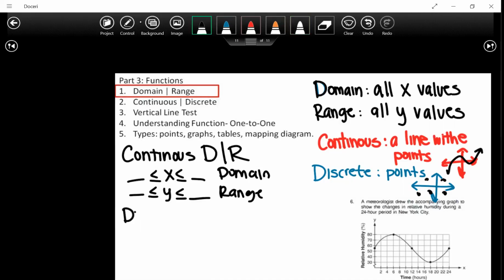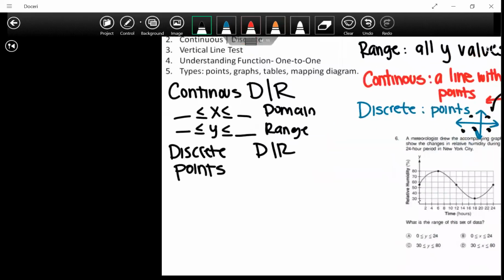Discrete domain and range are points. An example would be your X values would be equal to 2, 5, 9, 11.